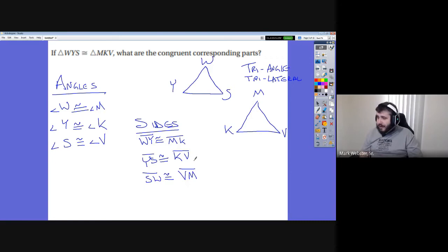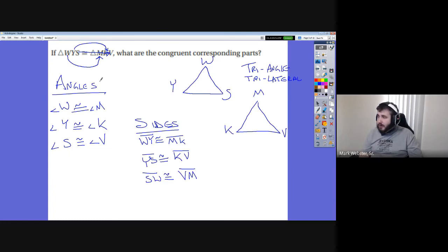And once again, take the time to look here. Take the time to associate the letters with each other. If it's a W on one triangle, it's going to be an M on the other triangle. Anywhere you see a W on the left, on the right is an M. Same thing with the Y and the K. Same thing for the S and the V. Right?